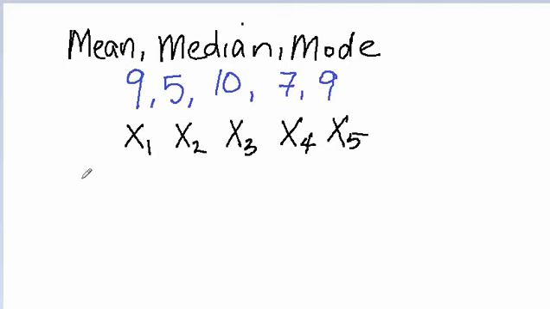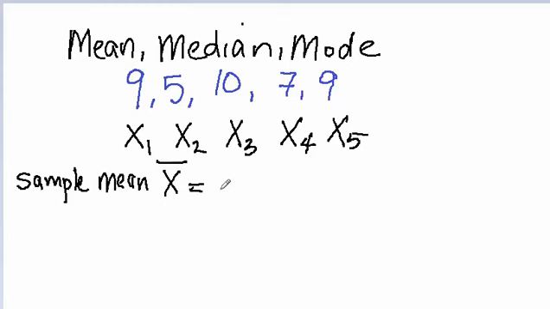So to calculate the sample mean, if this is a sample, that means that there are perhaps 20 students in the class, but you only got a subset of that, just 5 test scores out of all the 20 scores. So that would be x bar. That's the notation for sample mean.